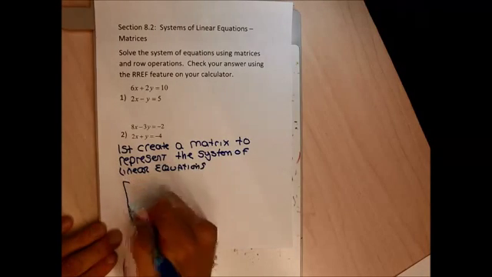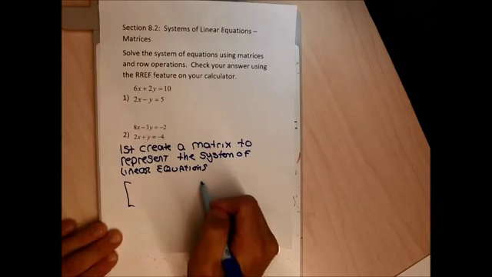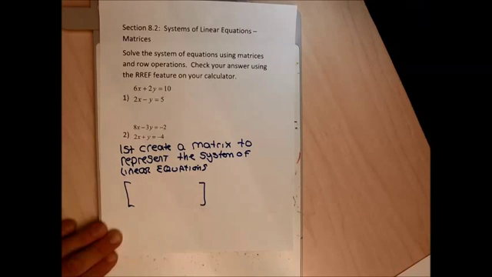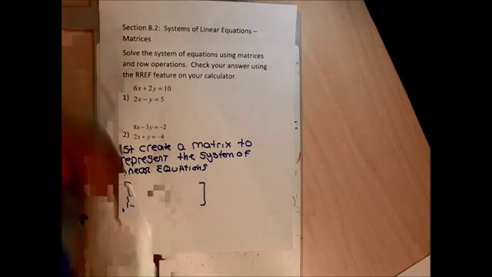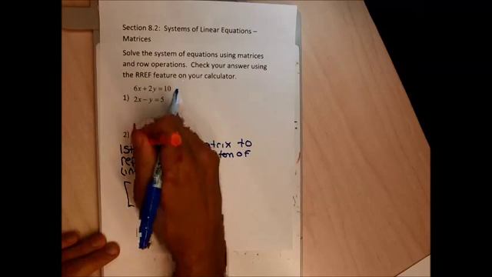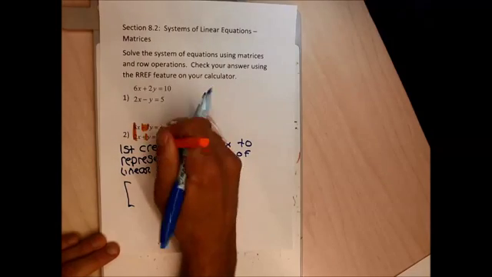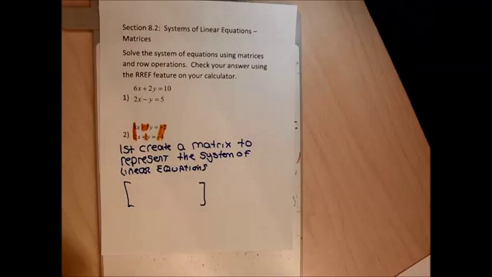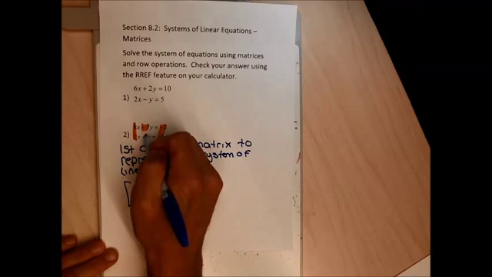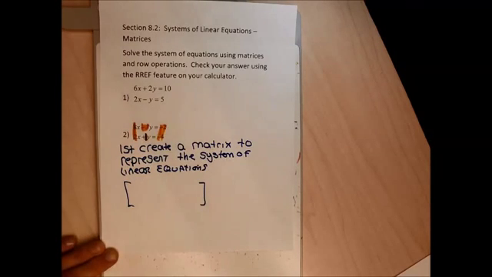So I'm going to write a blank shell for a matrix for problem 2. There's my matrix kind of starting. And what I'm going to put in my matrix is just the numbers, the coefficients of the letters, and the numbers to the right of the equal sign. So I'm going to strip down the system of linear equations and just put in a kind of shell of the problem above. In front of the y in the second equation, there's an implied 1.